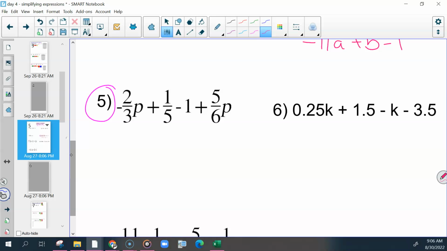Yes. Which ones? Okay. What else are like terms here? 1/5 and -1. Even though one's a fraction and one's a whole number, they're still constants. They don't have a variable, so we can say that they're like terms.